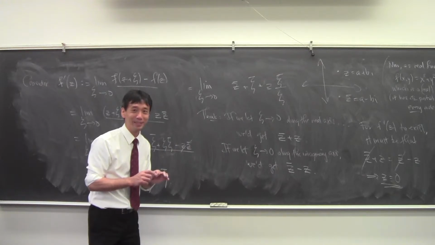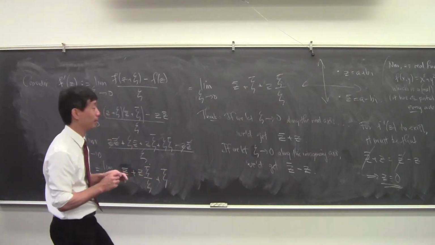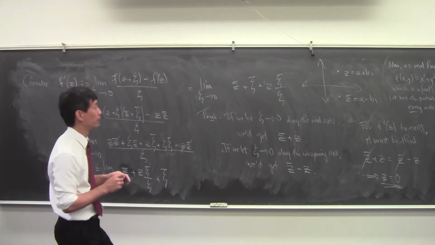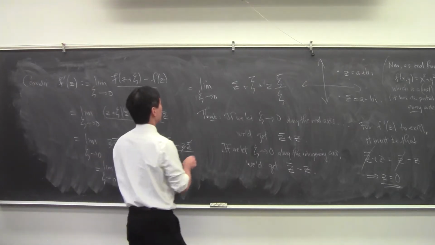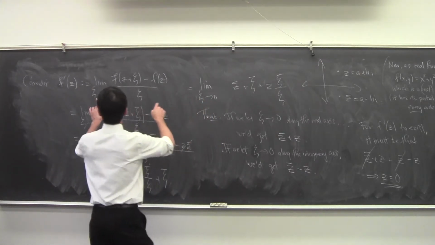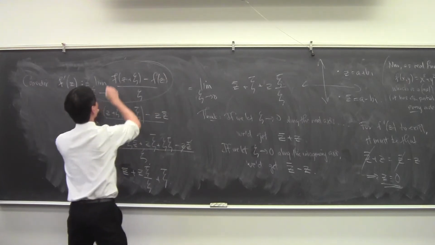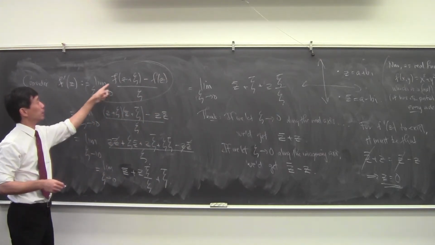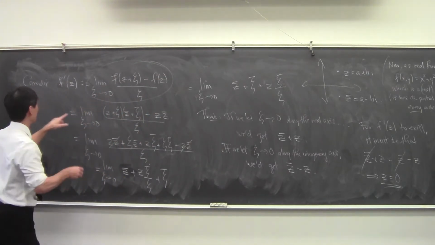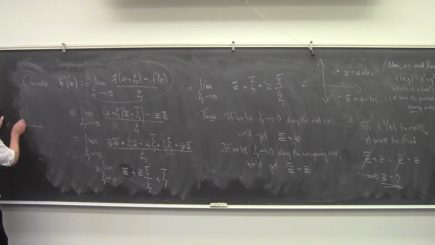Could you explain the along the real axis thing again? Sure. We're taking this limit, the limit of this thing as zeta goes to 0. Zeta is going to 0 in the complex plane, so we can let zeta go to 0 however we feel like, and those have all better be the same thing.